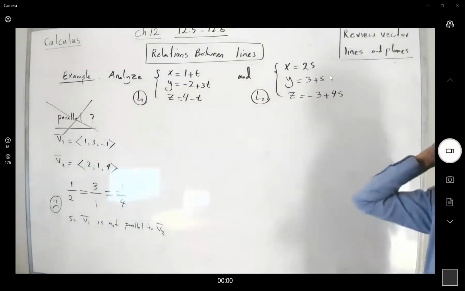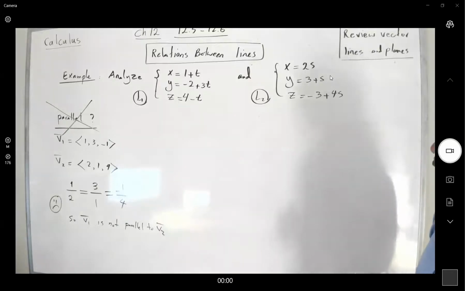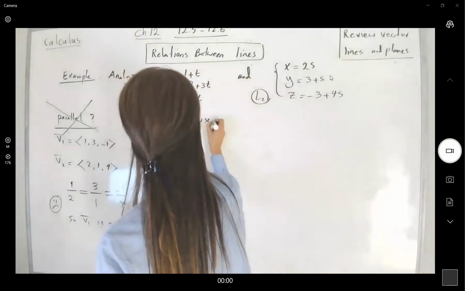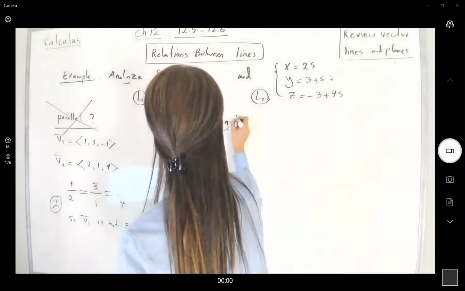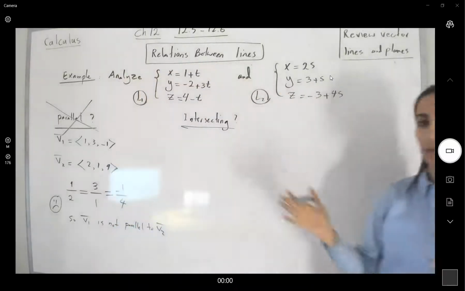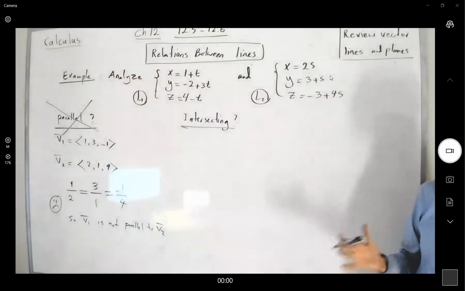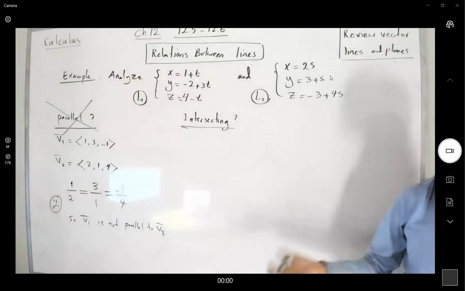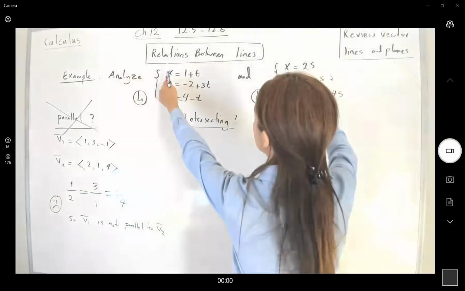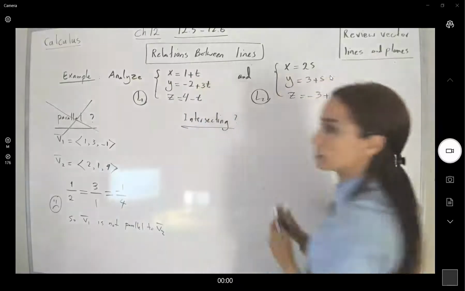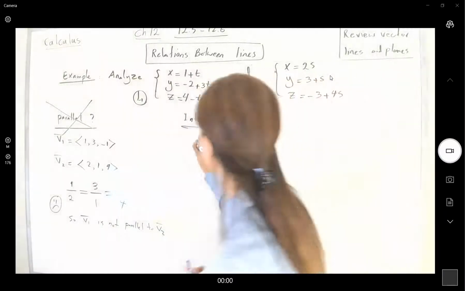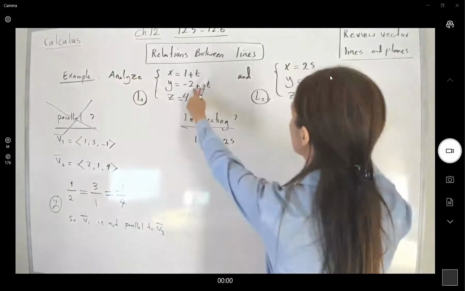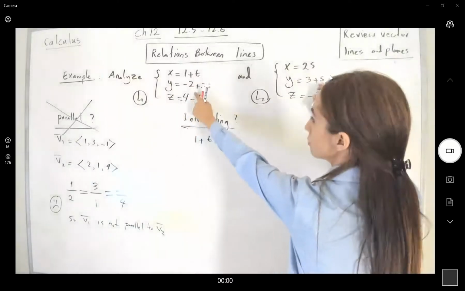Well, are they intersecting? To check if they are intersecting, we need to solve the system of equations. What do I mean by that? x and x: 1 plus t is equal to 2s. Negative 2 plus 3t is 3 plus s.